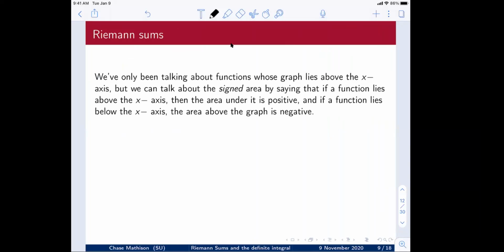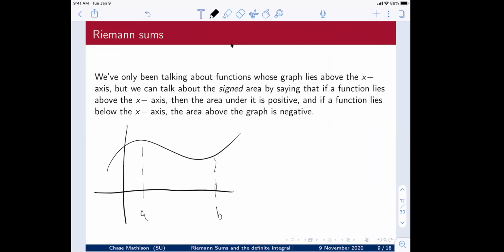So far we've only been talking about graphs of functions that lie above the x-axis, right? We've been looking at things where it makes sense to find the area of that region, okay?